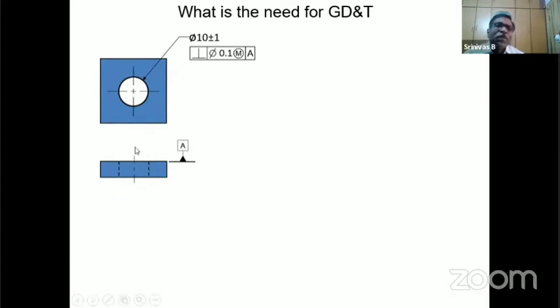We know that. That is why we have given an orientation tolerance here. How much have we given? 0.1. Therefore, the capability of this hole to receive a pin is diminished. It is not even 9 mm. It is 8.9 mm. Do you agree?